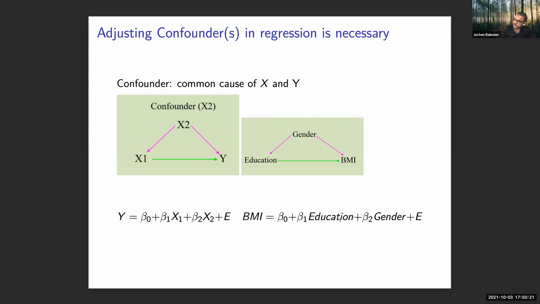So there's a common association of a third variable, which in this context could be gender. So gender associates with education. I don't know, females are more likely to go to college.